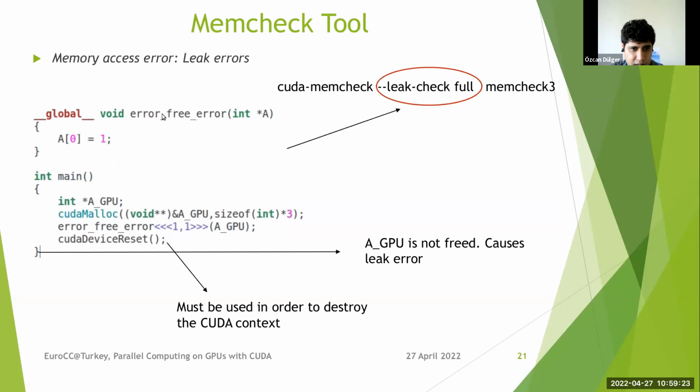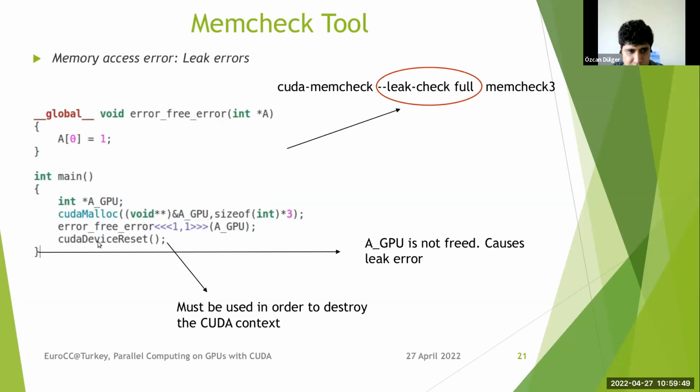Here we again have a simple kernel. We create a device array with 3 elements. We call this kernel, then we reset the device after completing the kernel. We call CUDA device reset, and we get a leak error.